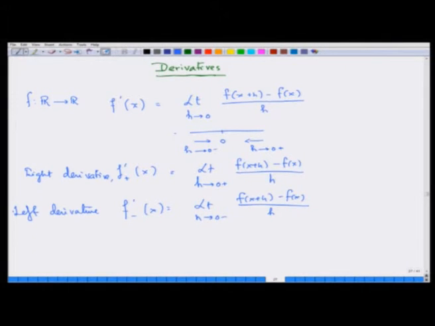So, the derivative exists only under this condition: the left derivative equals the right derivative, and their common value is the value of the derivative.